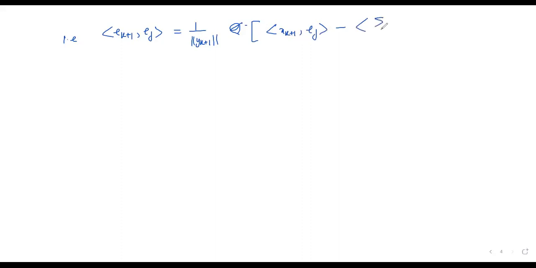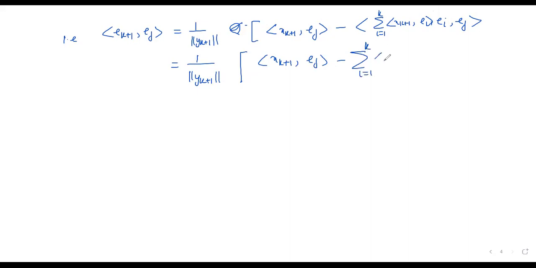Using the linearity of the inner product, I would get the inner product of xk+1 and ej, minus the summation i runs from 1 to k of the inner product of xk+1 and ei, times the inner product of ei and ej. Scalar बाहर निकला, sum बाहर निकला because of linearity.